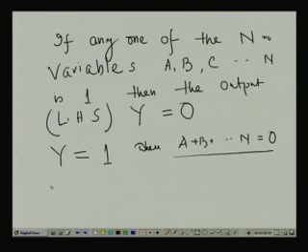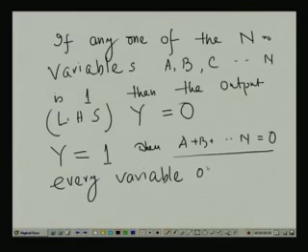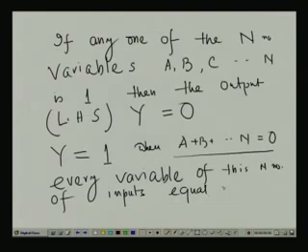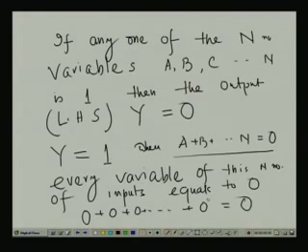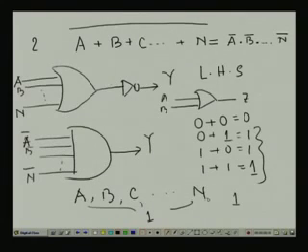When every variable of this n number of inputs equals 0, that means 0 plus 0 plus 0 plus 0, then only the output of the OR gate will be 0 when each of this A, B, up to n will be 0, and if this value is 0, then y equal to 1.